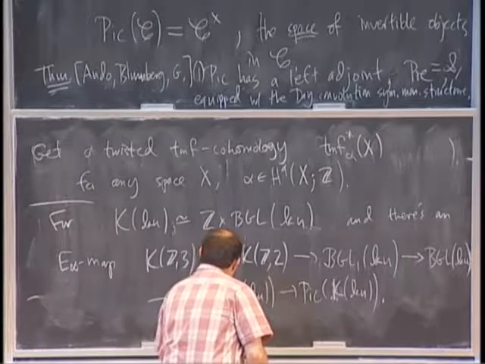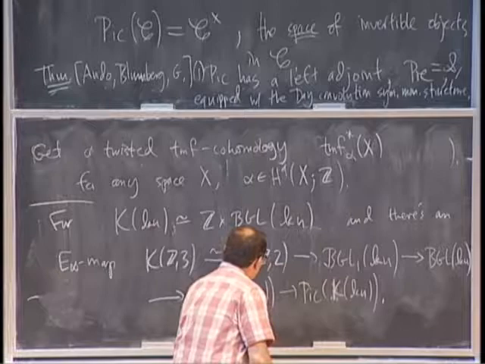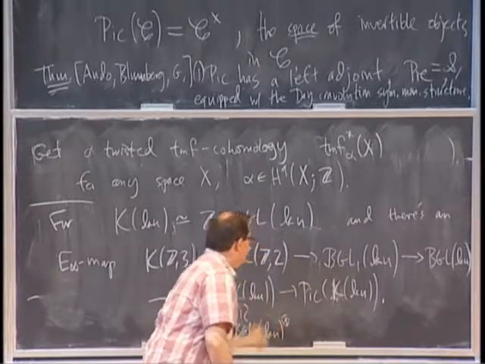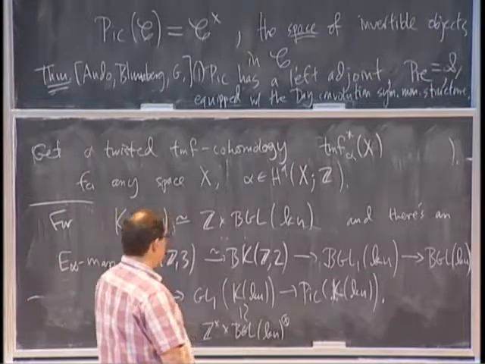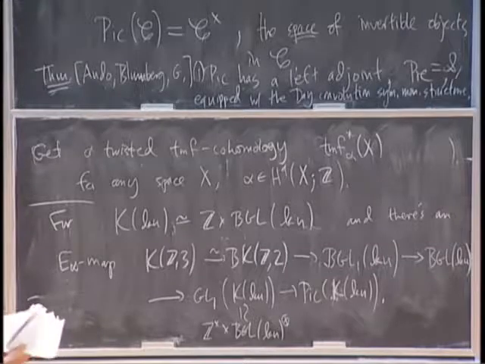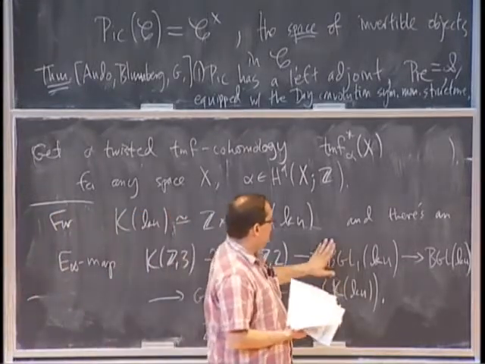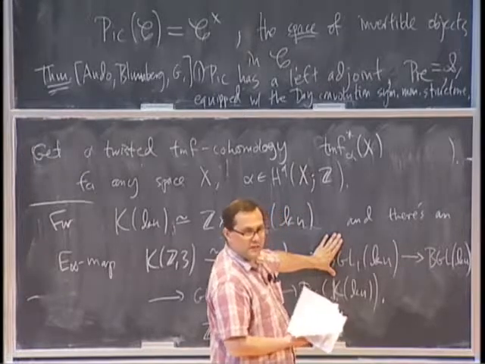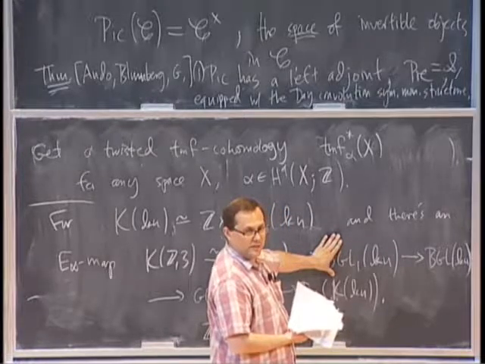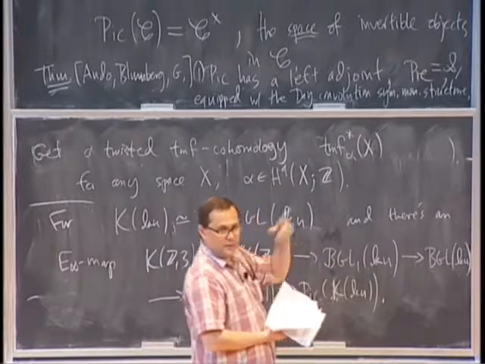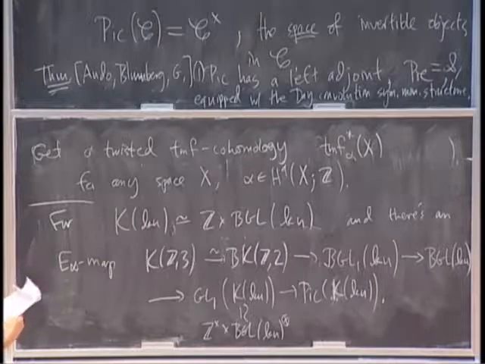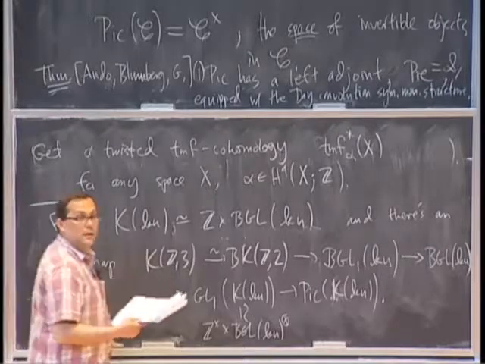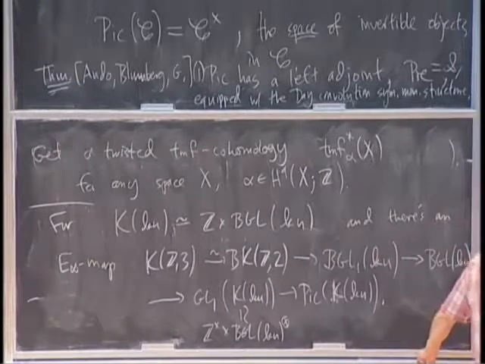This is the units in Z cross BGL KU. You should think of GL1 of KU as the KU-linear automorphisms of KU, or the units in the infinite loop space of KU, the invertible elements in the infinite loop space.